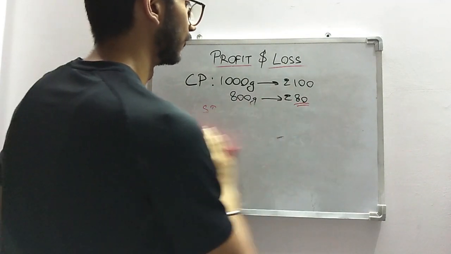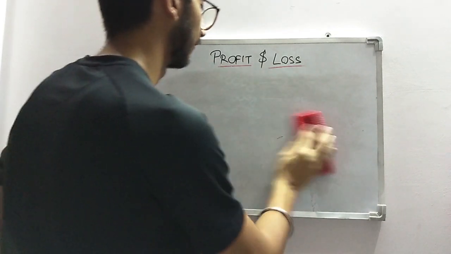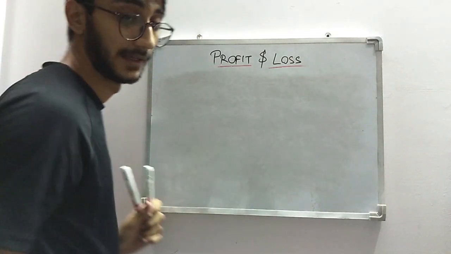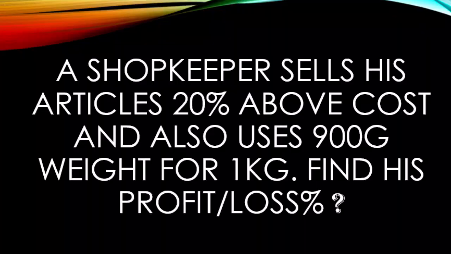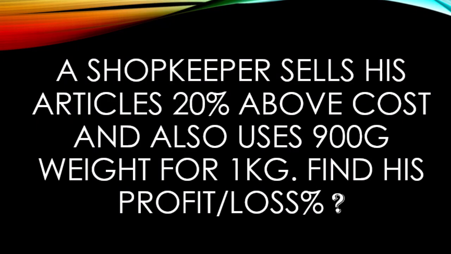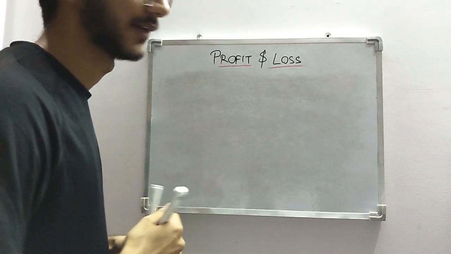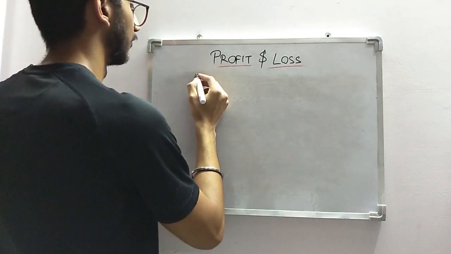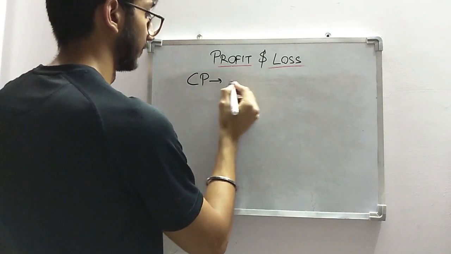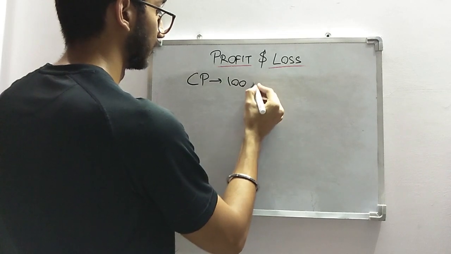So we'll just move on to the last kind of question that comes, and this question is again on your screen. A shopkeeper sells his articles 20% above the cost price and also uses 900 grams of weight instead of 1 kg. Find his profit or loss percentage. Right. So again we are assuming that his cost price is for 1000 grams.